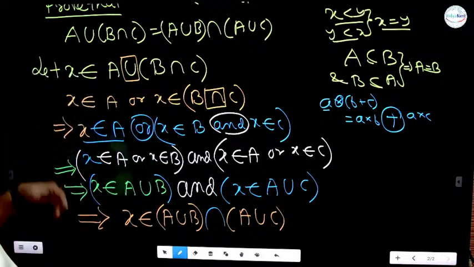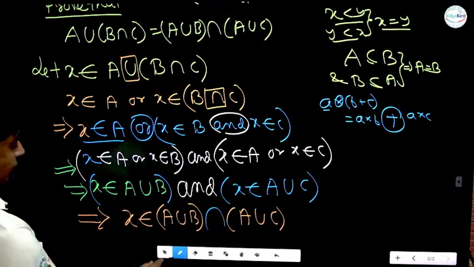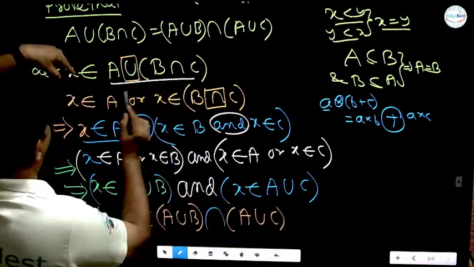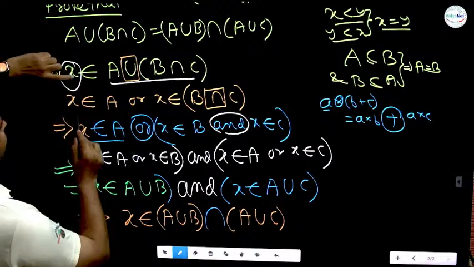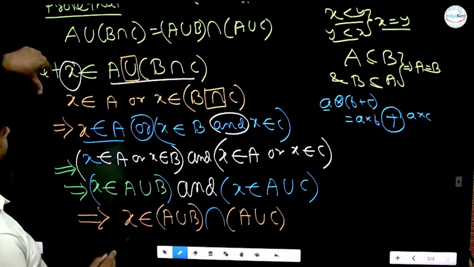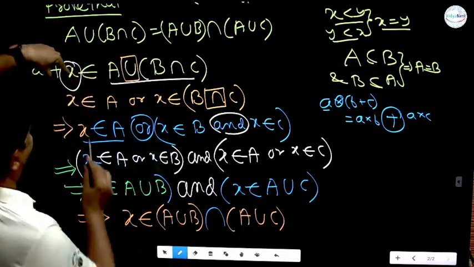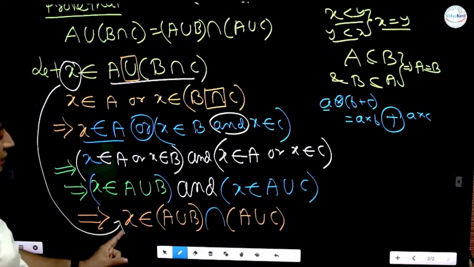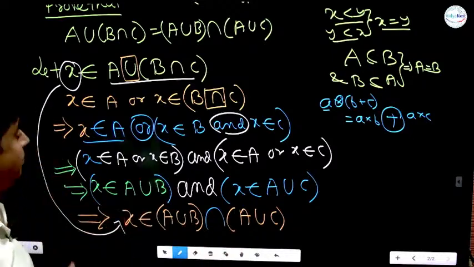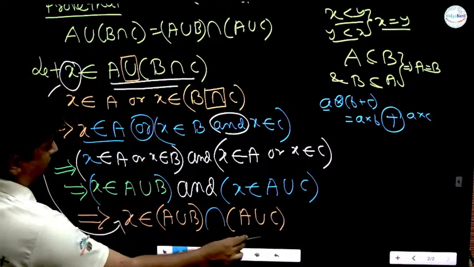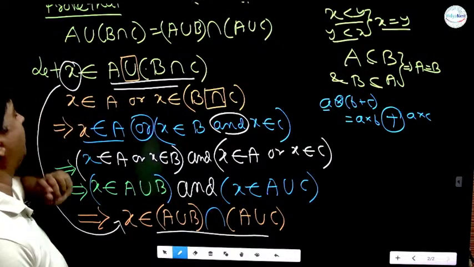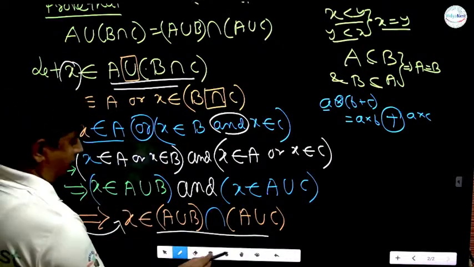So, you observe from where did I start. Considering one element x belongs to this set, we could reach up to that result, x belongs to the same thing. Does it mean that this is equal to this? No. That does mean that this is a subset of this, not equal to.